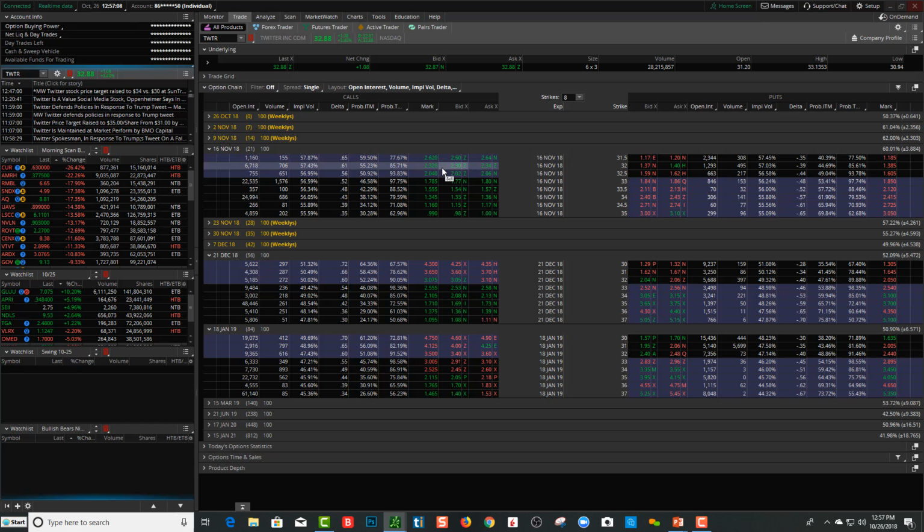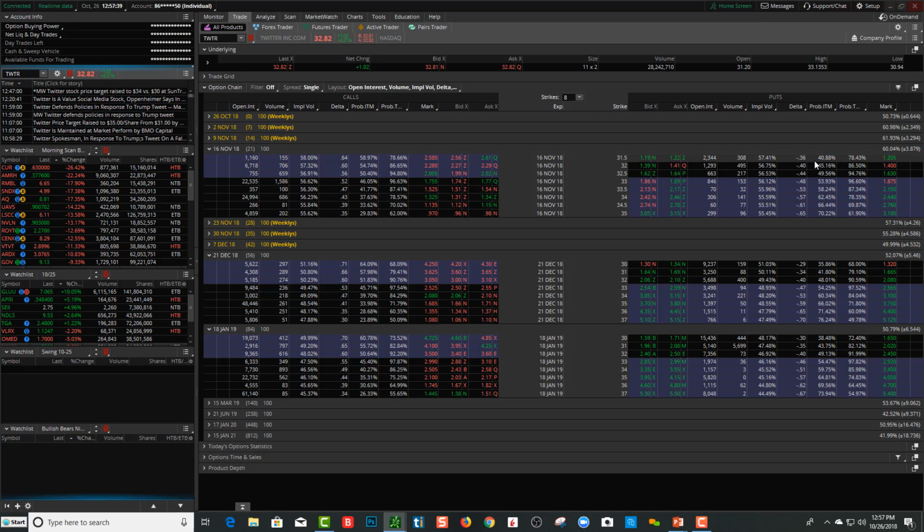You'll see the in-the-money contracts are higher priced than the out-of-the-money contracts. That's because the probability of the stock being in the money at expiration is higher, so they are higher priced, and the probability of it being in the money at expiration gets lower the further out of the money you go.